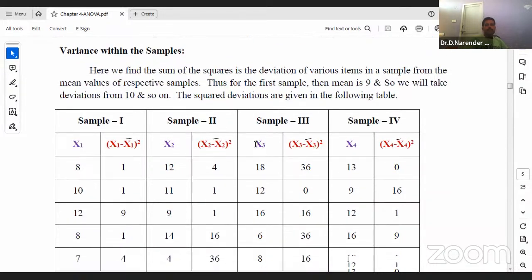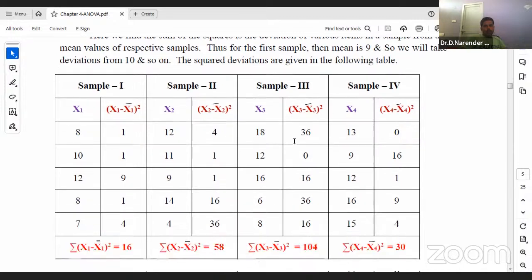Variance within the samples: here we find the sum of squares, the deviation of various items in a sample from the mean values of respective samples. Thus for the first sample the mean is 9, and we take the deviations. So on, the squared deviations are given in the following table.